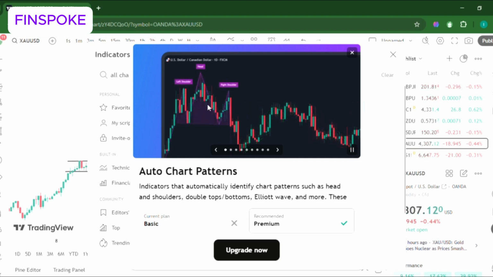Now, when it shows you this chart pattern as it's formed, it will help you to take a good trade. So if you are using premium, you will have access to this chart pattern. But if you are on a free or basic plan, because what I'm using to do this recording is a free, basic plan, that's why I cannot use it.